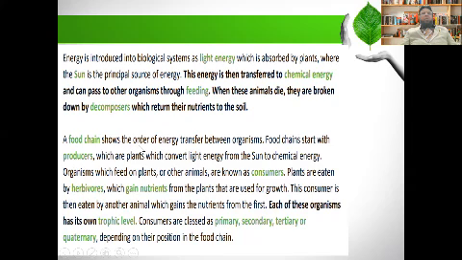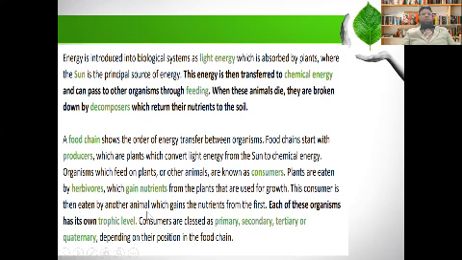A food chain shows the order of energy transfer between organisms. A food chain starts with the producers, which are plants, which convert light energy from the sun to chemical energy. Organisms which feed on plants or other animals are known as consumers. Plants are eaten by herbivores, which gain nutrients from the plant that are used for growth.